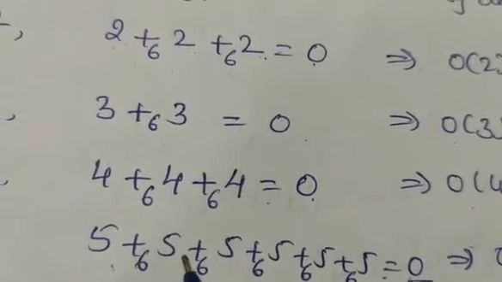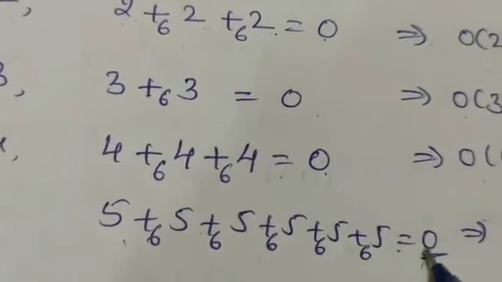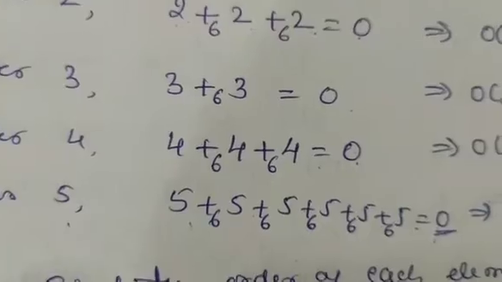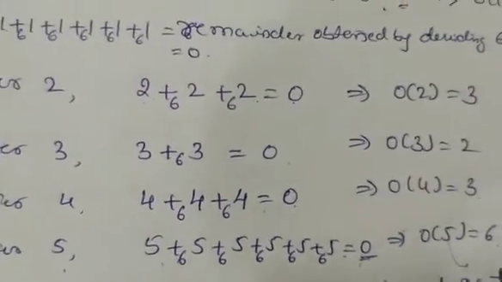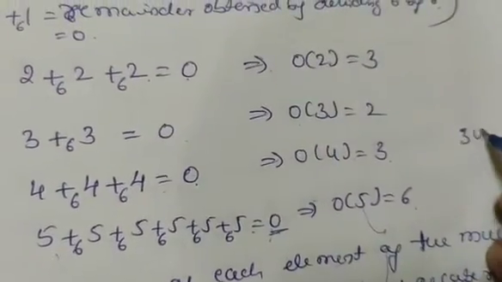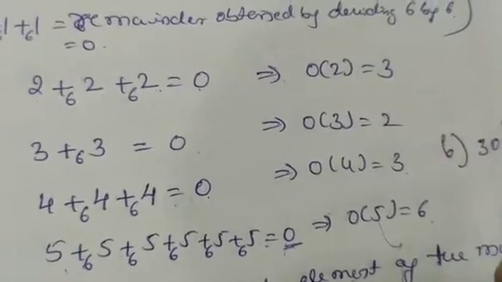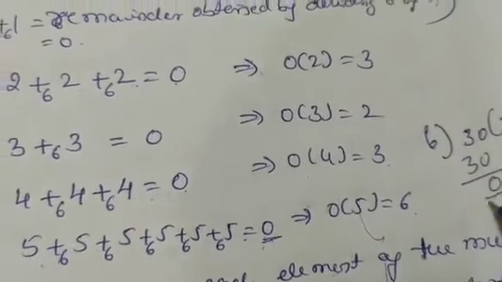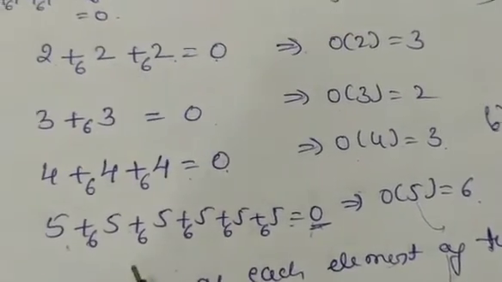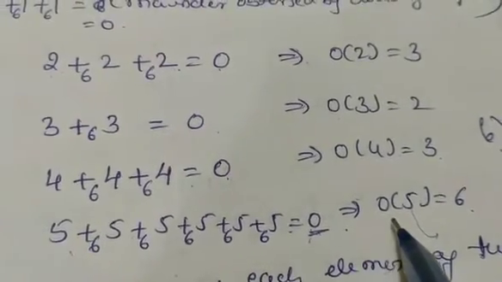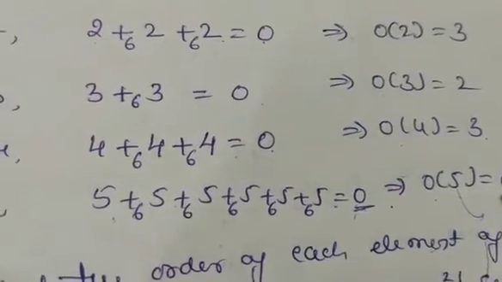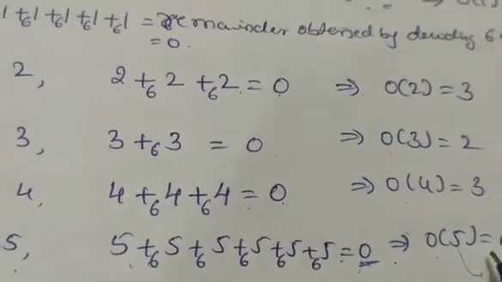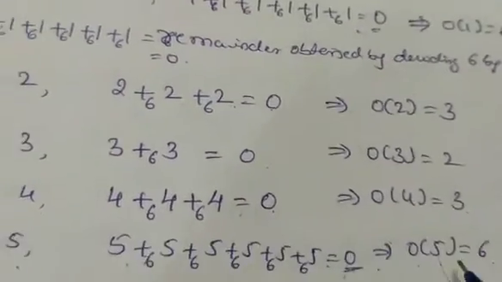That is 5 plus 5 plus 5, all this you will get 30. If you divide it by 6, the remainder here is 0. So therefore the order of 5 is equal to 6.